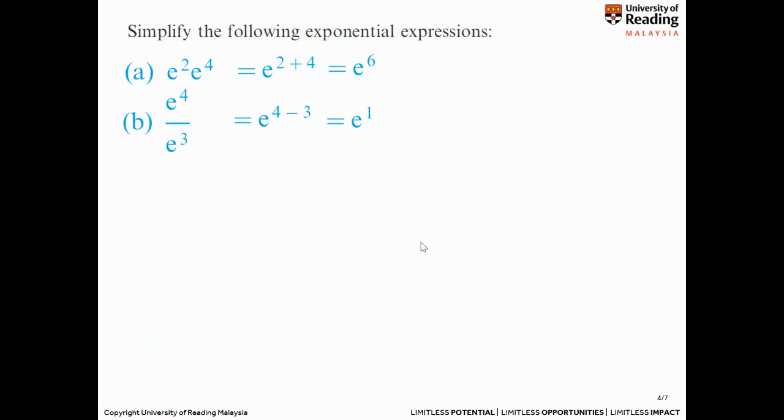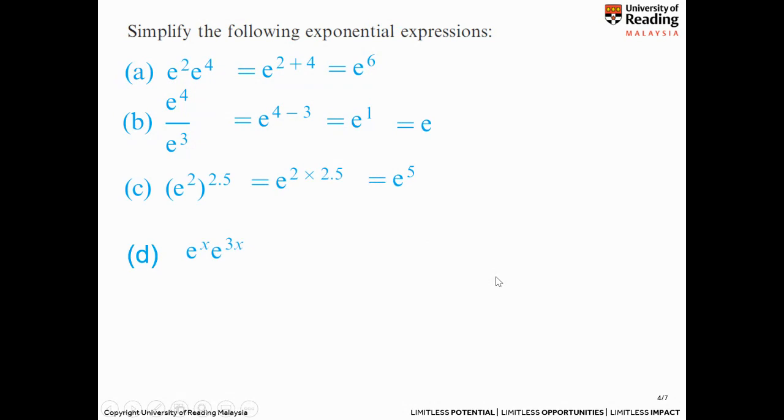You shall get e to the power 1. Anything to the power 1, we will not write the index, we just leave it as e. This is the third law of indices. You multiply the two numbers and you shall get e to the power 5.